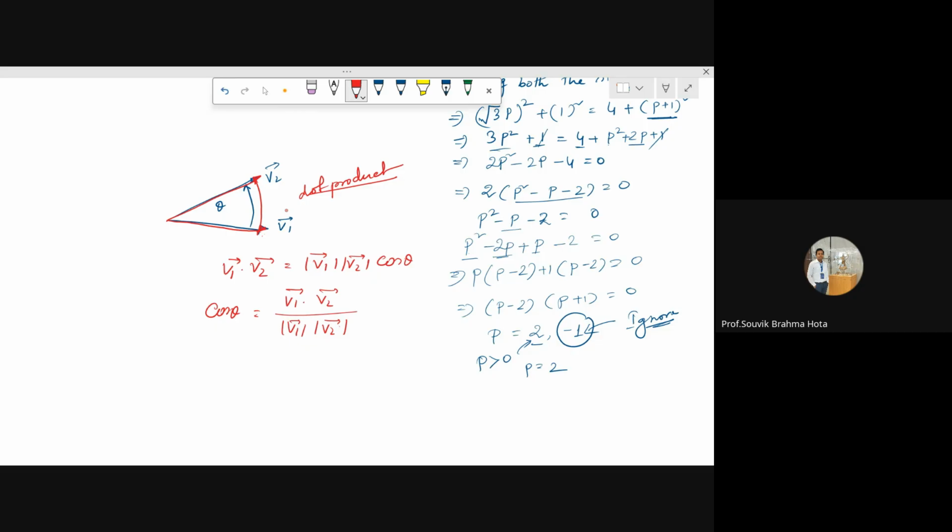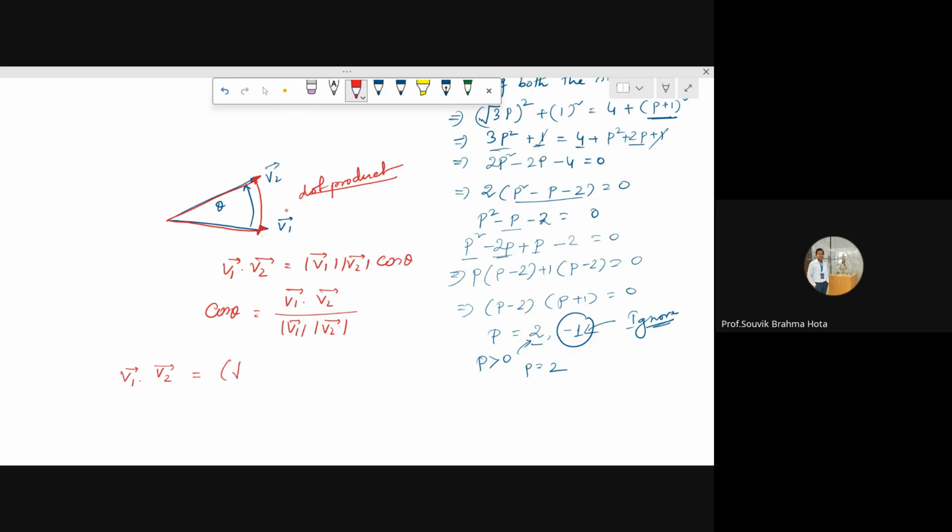Now how to get v1 dot v2? That is very much important. Simply you just write your v1.